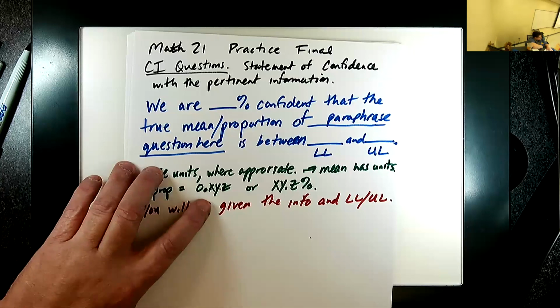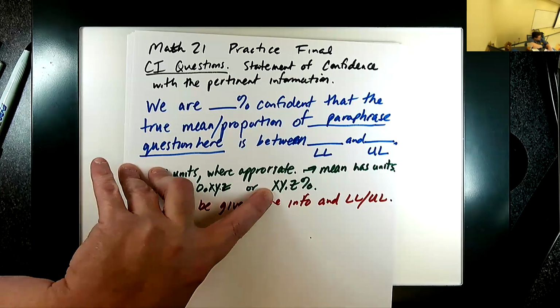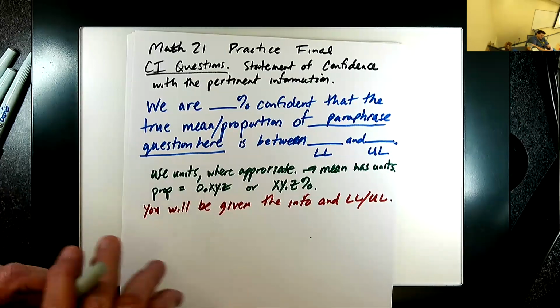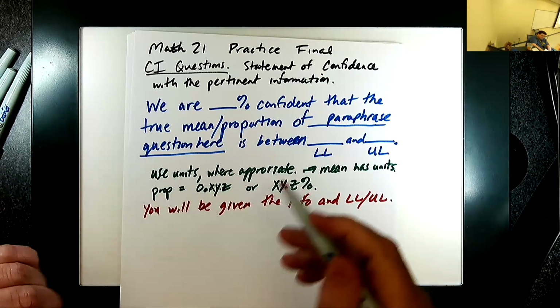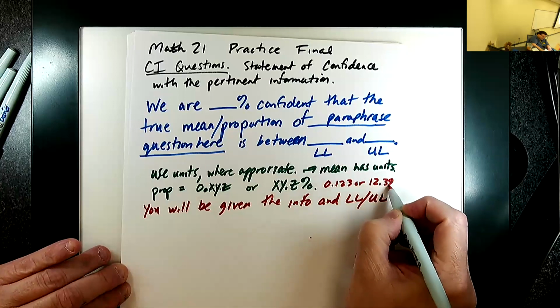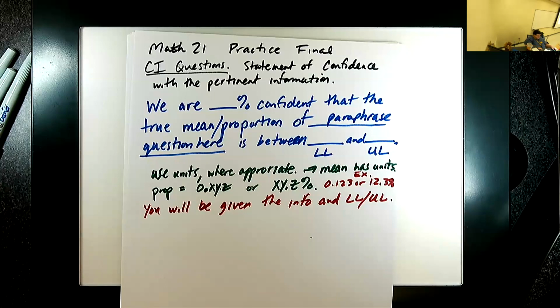So like if it's 0.123, you can put 0.123 or you can put 12.3%. Maybe I'll write that next to it. That's for the proportion. The mean will be about something. There will be some sort of units that they're talking about, whether it's time related like minutes or hours, or something like that.